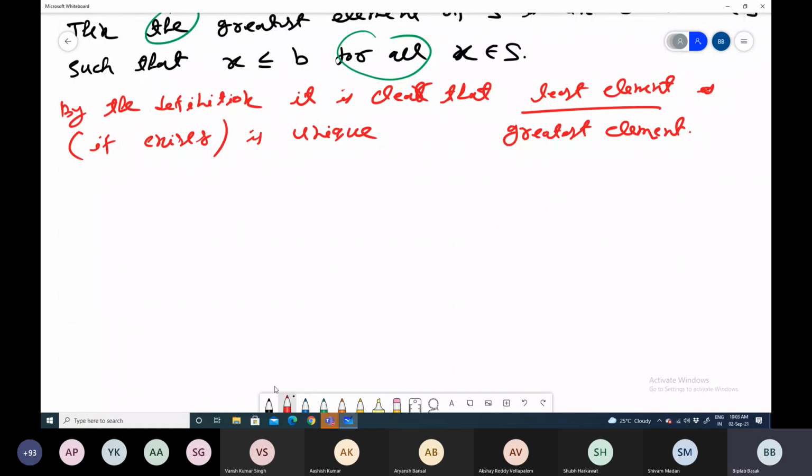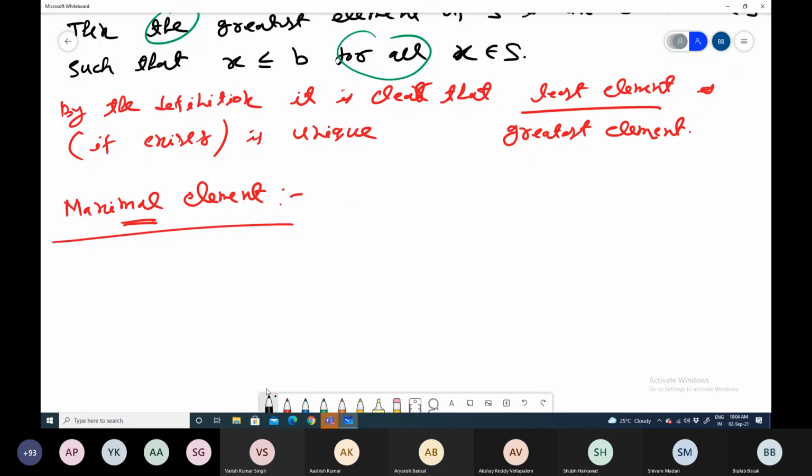Now, I already told you what a maximal element and a minimal element are, but I will write it as a definition. Remember that it is maximal, not maximum.